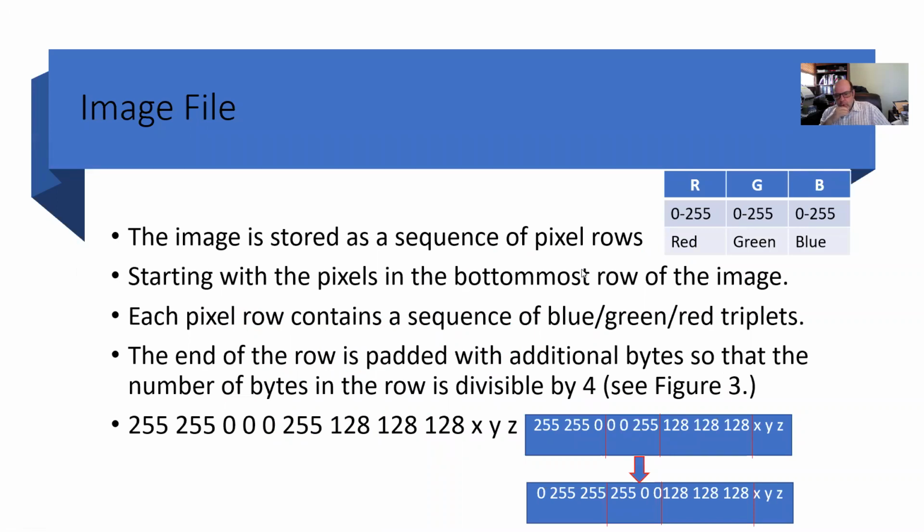So the basic coloring that we are using in BMP is called RGB, red, green, blue. So that's 3 bytes. And each byte goes from 0 to 255. Again, when we are processing these things, it's going to be backward.